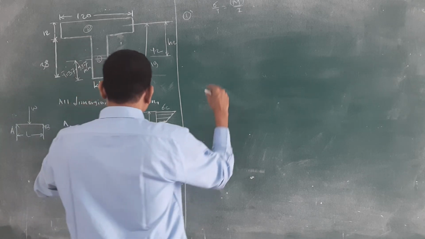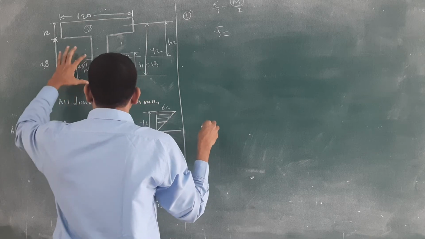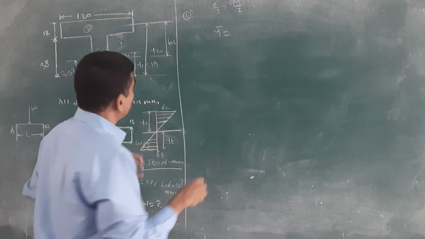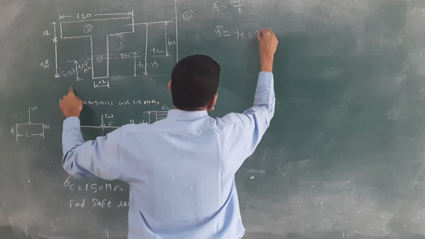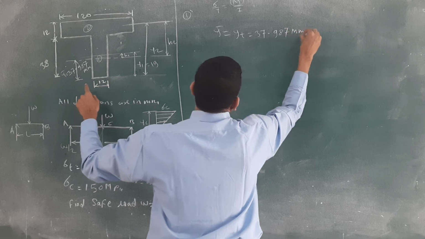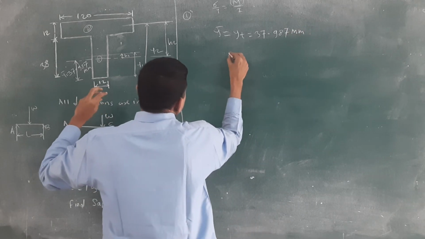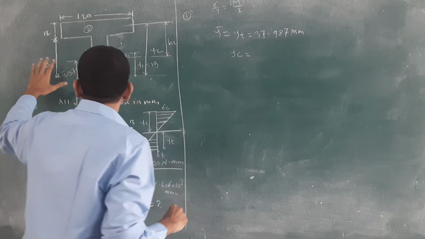I will write here, y bar is equal to what? Below the neutral axis, Yt is there. Then the tension distance is equal to 37.987 mm. And next, what is YC? How to calculate the YC value?